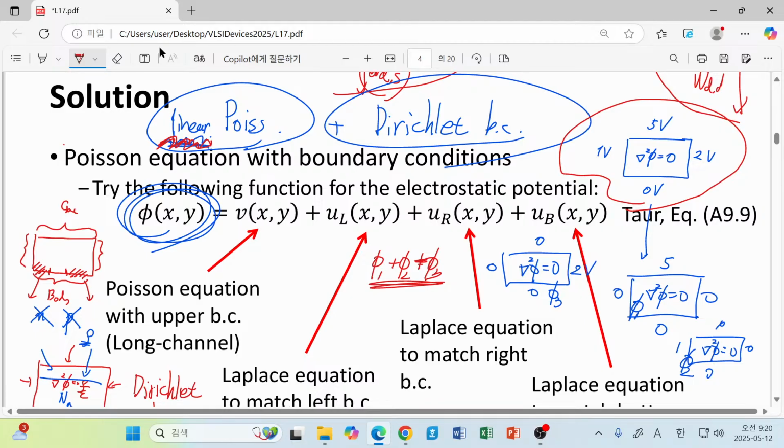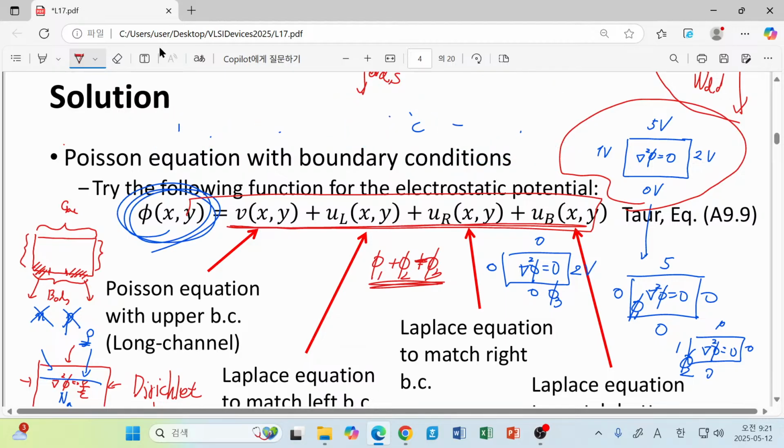So now you can have the solution. Quite similarly, we will try to do this job. Here we have 4 different functions calculated by solving the Laplace equation or Poisson equation, but with different boundary conditions. So what we want to do right now is like this.